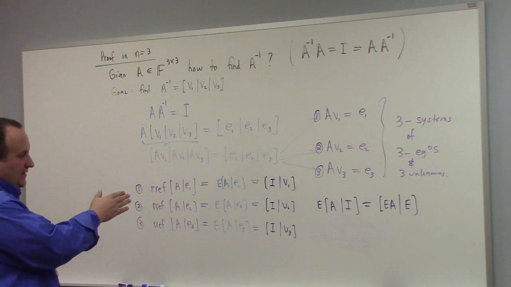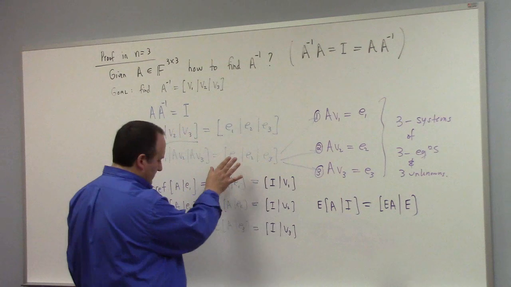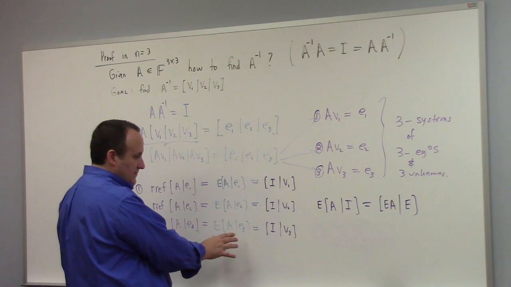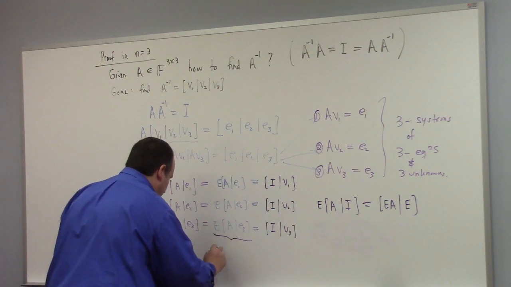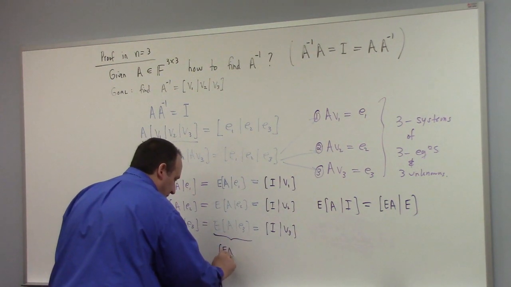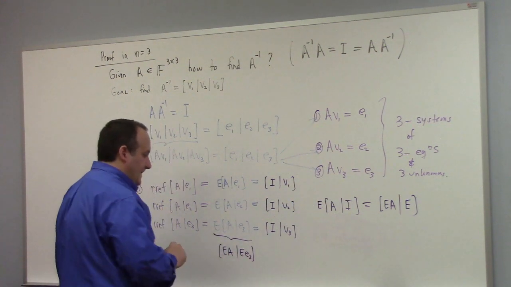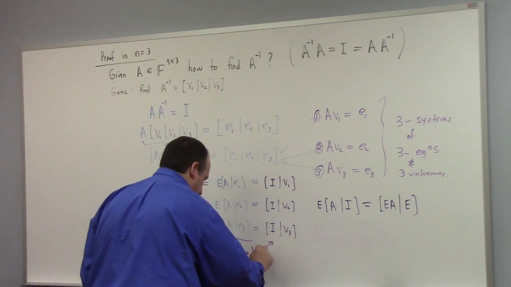I take A concatenated with I, and I multiply by the row-reducing elementary matrix E, right? And so this one, for example, is also equal to EA, EE3, which is equal to this.